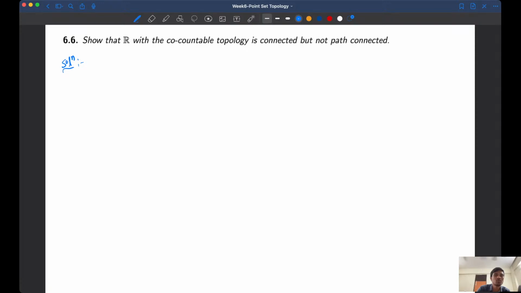Anyone? Suppose it is not connected, so by contradiction, there is some separation of R, A and B both open as well as closed, in the co-countable topology.